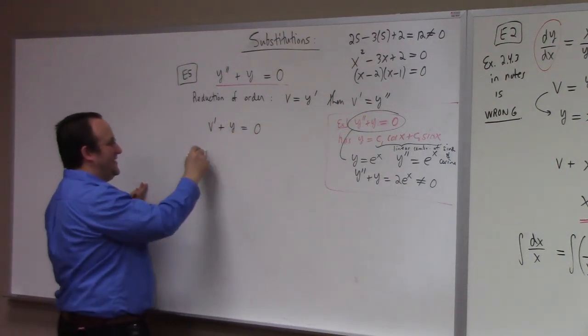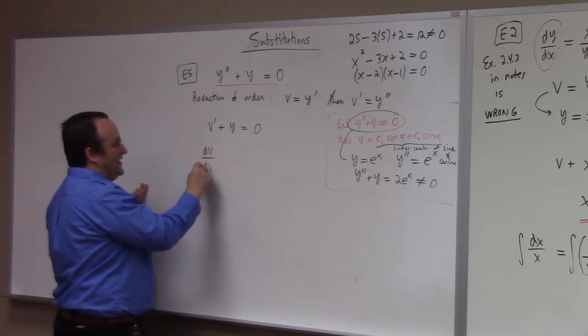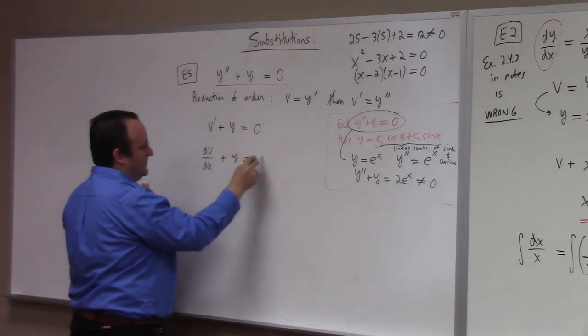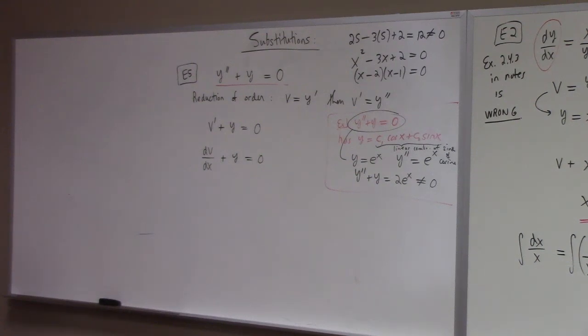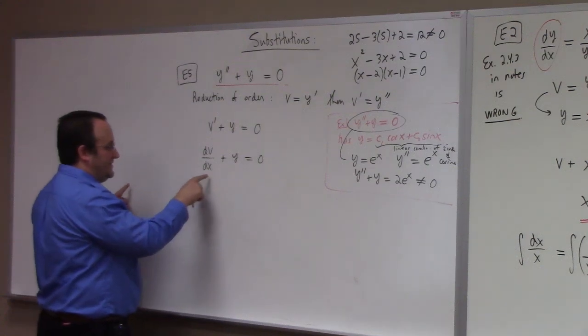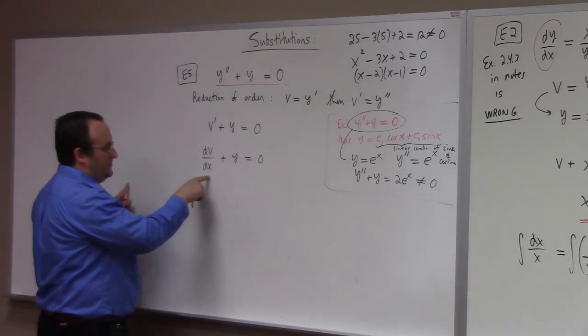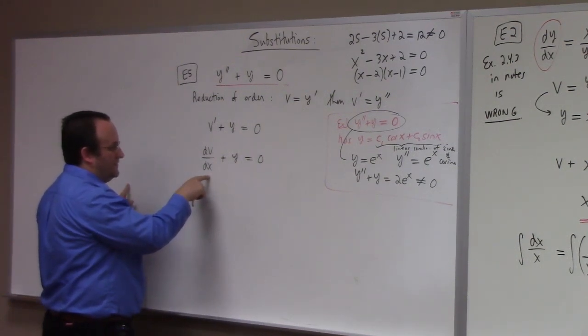That's kind of no fun. That's dv dx plus y equals 0, but that's not the kind of thing I want. I want just v and x left over. I don't want a v of x and a y. Maybe I can trade the x for a y somehow. Maybe it makes sense to do, let's see here.